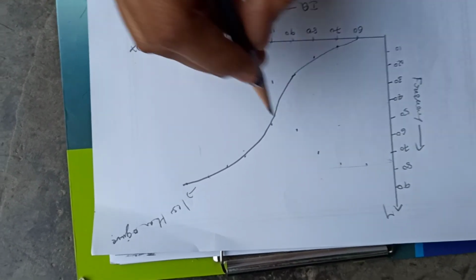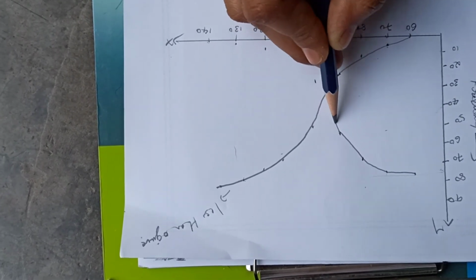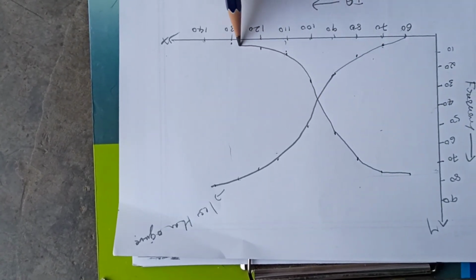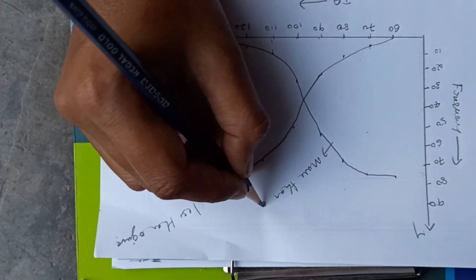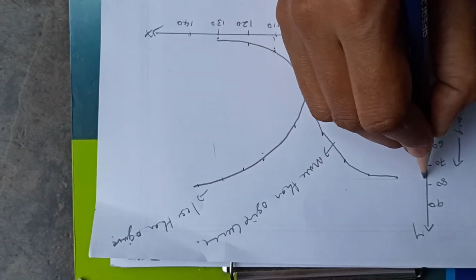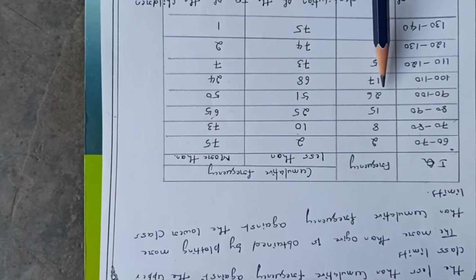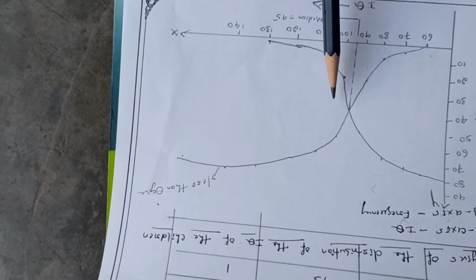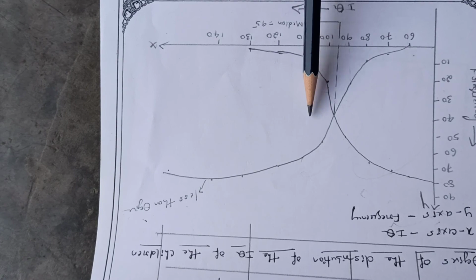Now let us join all these points. This gives the more than ogive curve. So this is the graph we have got for this example, and this is how you have to plot the less than ogive and more than ogive curves.